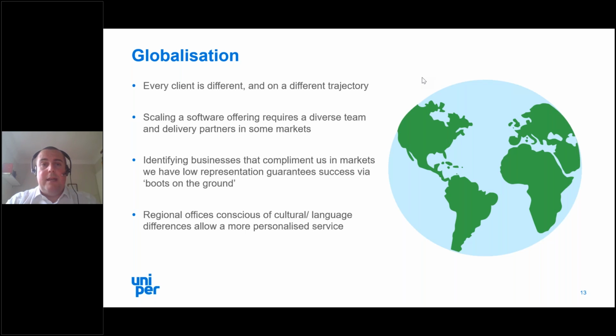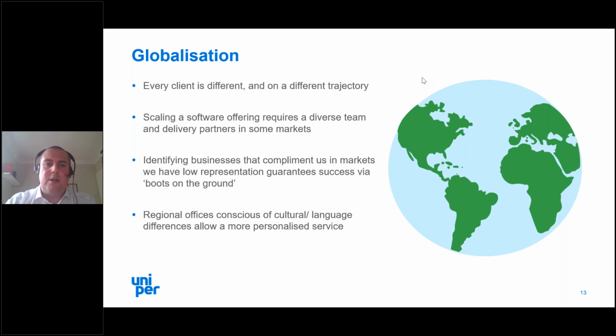In some cases where we have a recognized business case for the region as well, we have regional offices. So I've already mentioned we have regional offices in the Middle East. We have one in Singapore, and we also have one in Delhi as well. So my colleague Animesh heads that up.